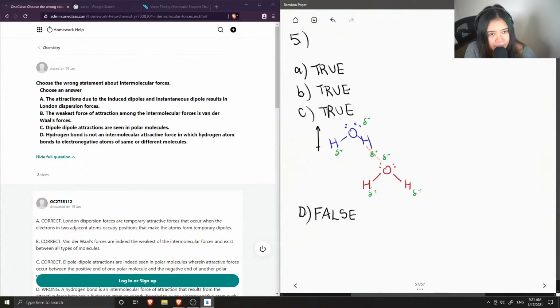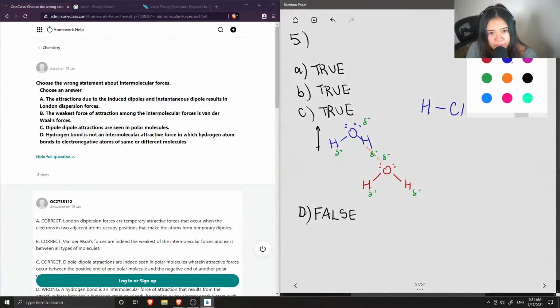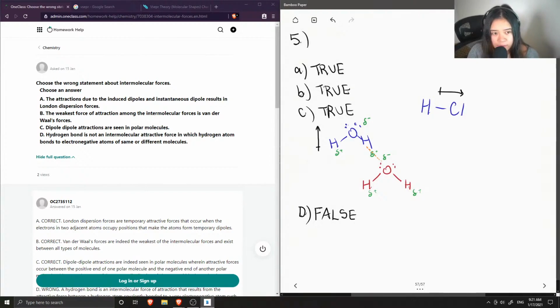So like when hydrogen is bonded to chlorine, again we'll have a net dipole moment towards the chlorine atom since it's much more electronegative. This hydrogen will be partially positive, the chlorine will be partially negative.